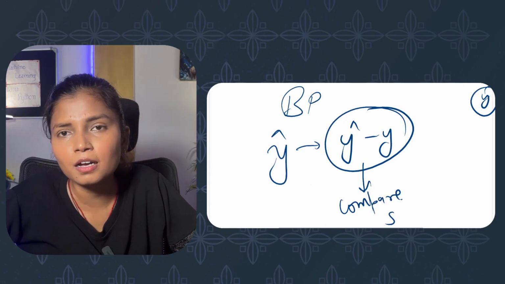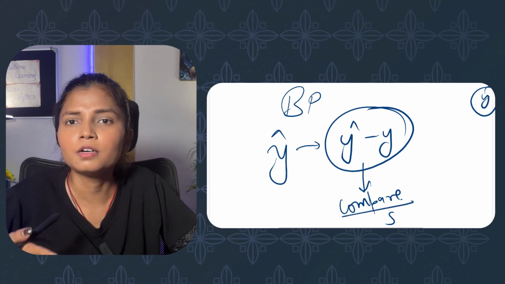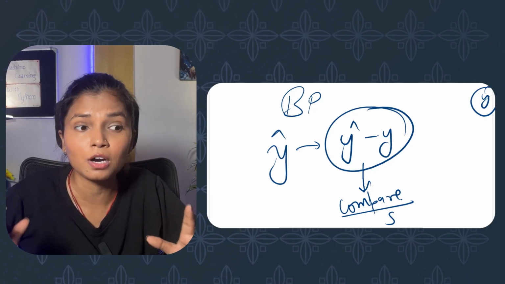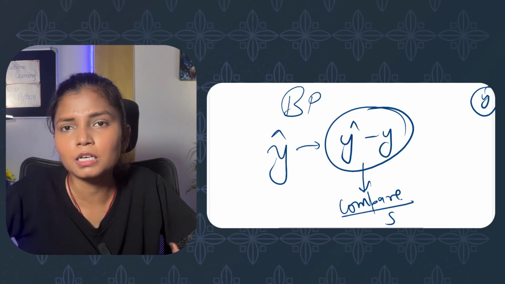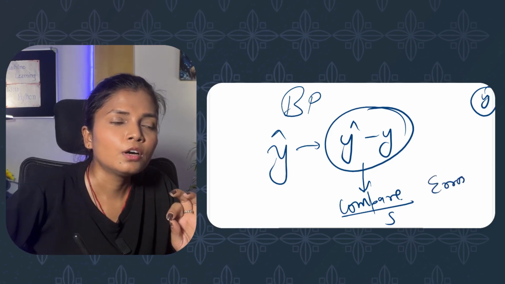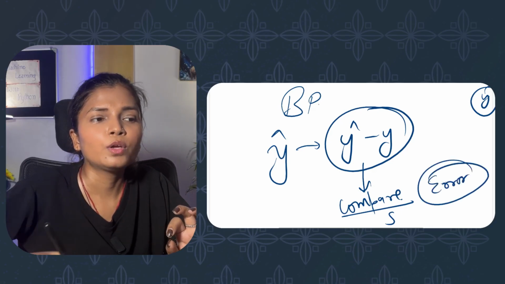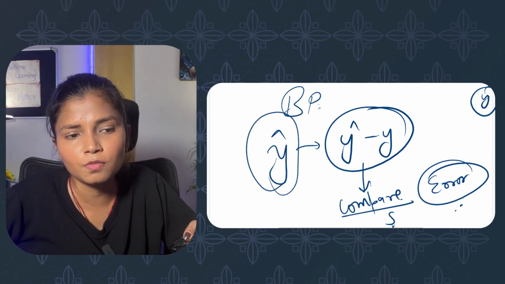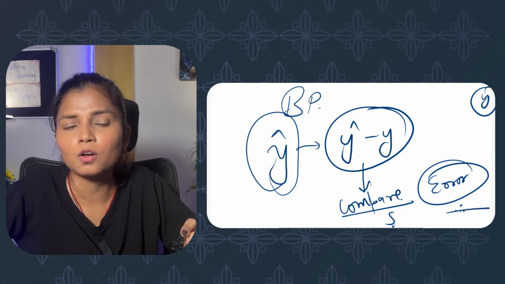If it is not a continuous value, we do not subtract but compare whether it is the same or different. If it is different, it means the model has made an error. So in the backward pass, we compare them and check whether the model has made an error in this observation or not.